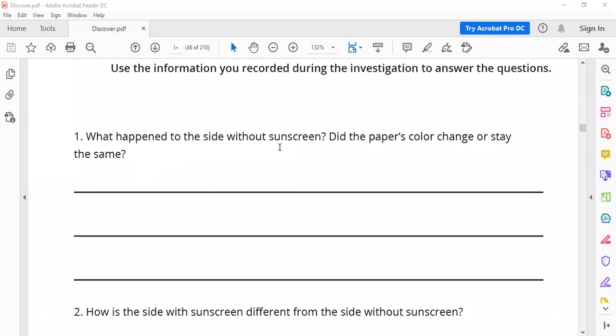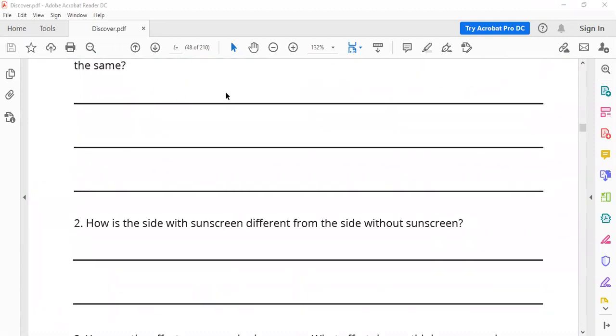What happened to the side without sunscreen? Did the paper color change or stay the same? It changed. How is the side with sunscreen different from the side without sunscreen? The color didn't change.